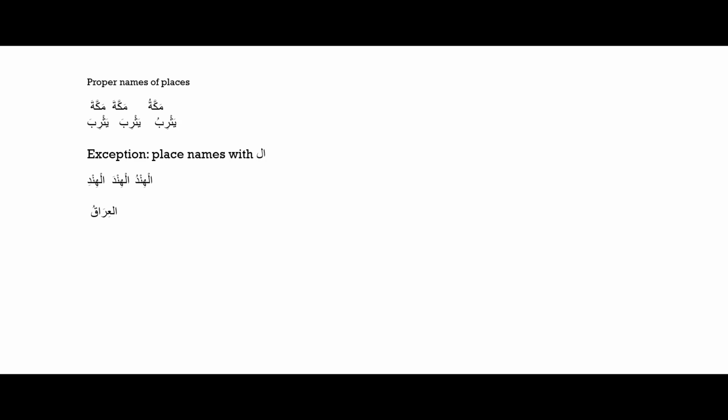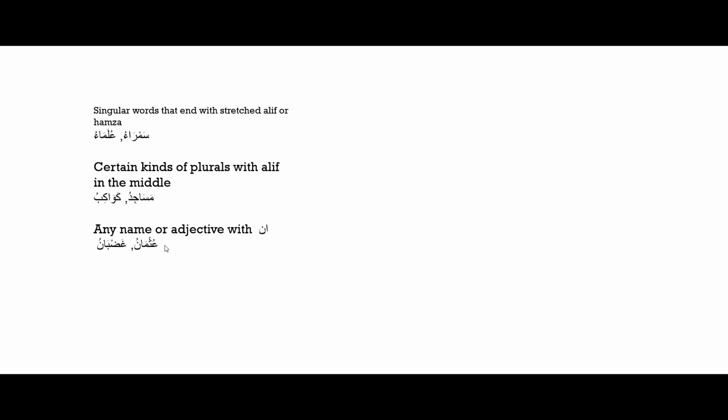In that case, these isms will be fully flexible, like al-Hindu, al-Hinda, and al-Hindi, India; al-Irahu, al-Iraha, and al-Irahi. One more: names with three letters are fully flexible. In the same way, if we have names of places with three letters, then they will be fully flexible. An example is Adnin.